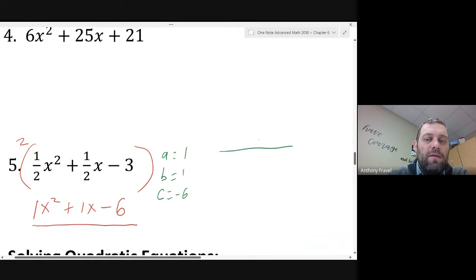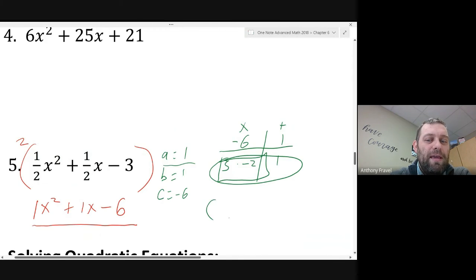Same thing, multiplication, addition. A times c is going to be negative 6. They need to add up to equal a positive 1. Okay, I'm going to use a positive 3 times a negative 2. Those ones will add to a positive 1. These are what I'm going to use. Also, if you noticed, because my a value was a 1, I can put it directly into parentheses to start with.